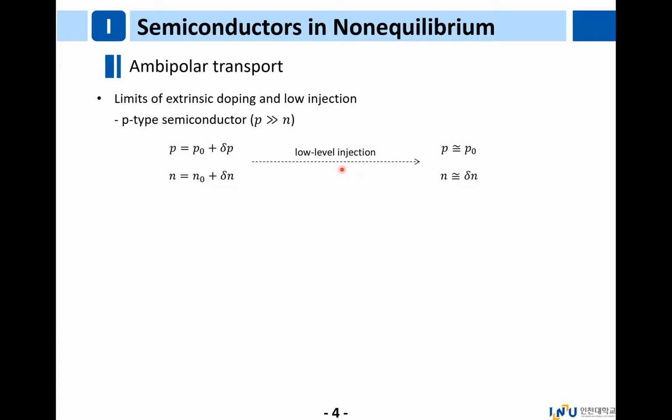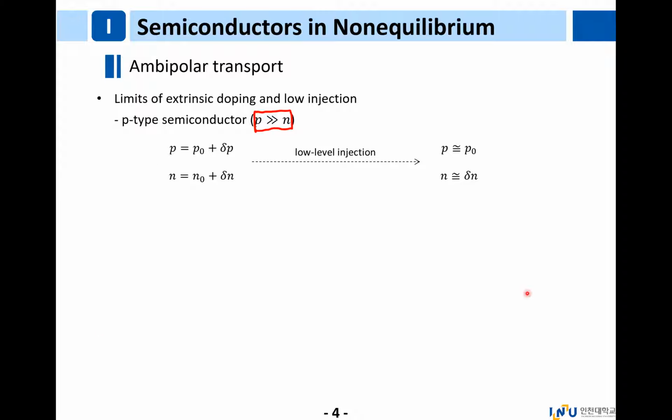Due to low-level injection, the concentration of majority carriers remains much larger than the concentration of minority carriers.